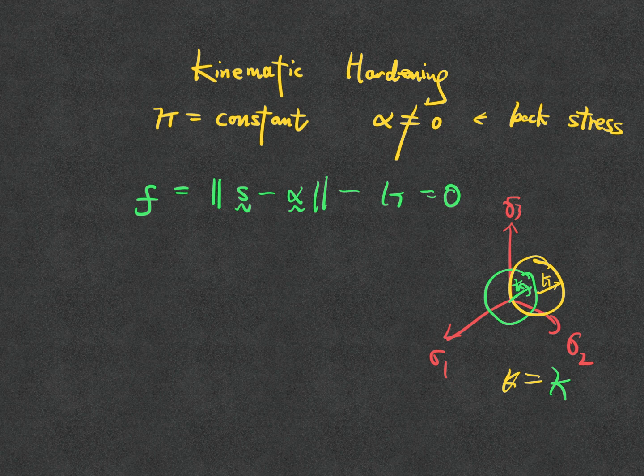If I load the material in pure sigma 1 direction, then the material would start to yield here. And then instead of making the yield surface larger to compensate for this arrow becoming bigger and bigger, I will simply keep the same yield surface and move it so that the tip is on one part of the yield surface. Okay, does that make sense?